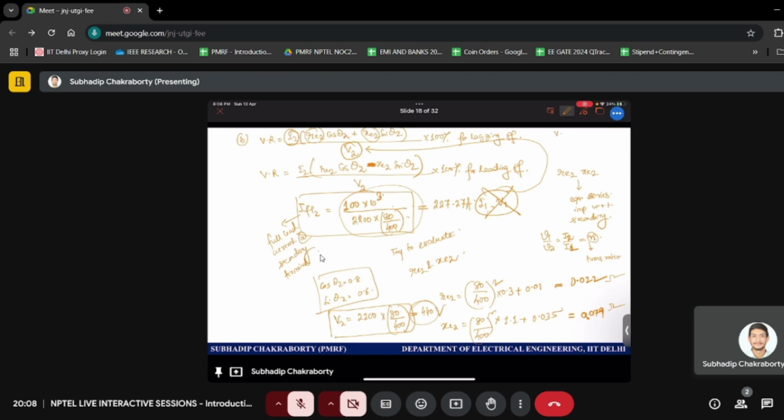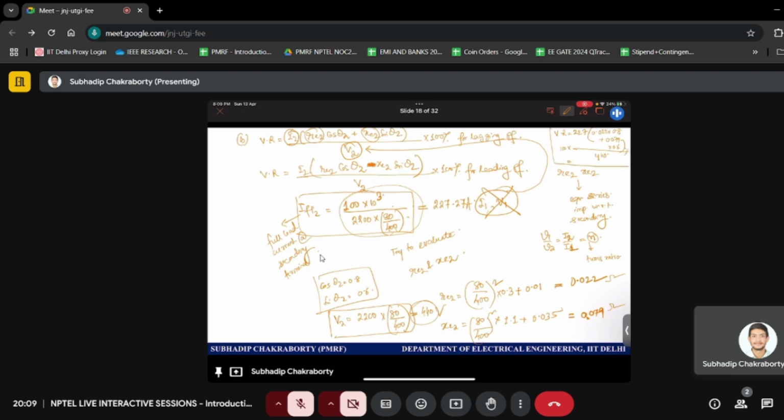So VR is coming as I2, which is 227 into 0.022 into 0.8 plus 0.079 into 0.6 divided by V2. V2 is coming as 440, in percentage, so 100 multiplied by this percent.